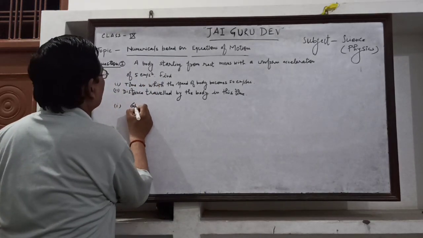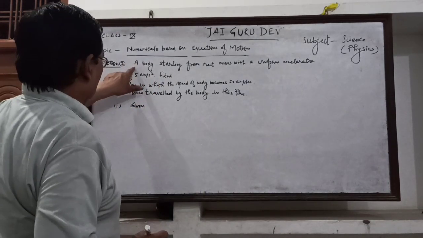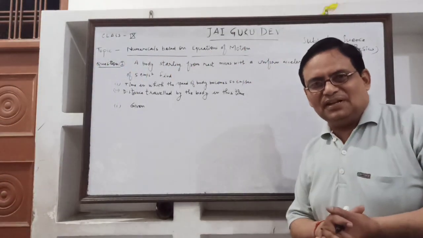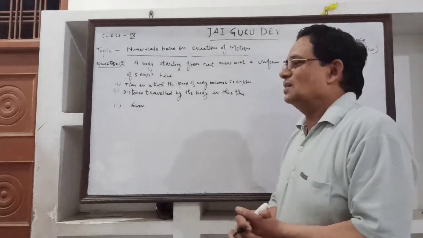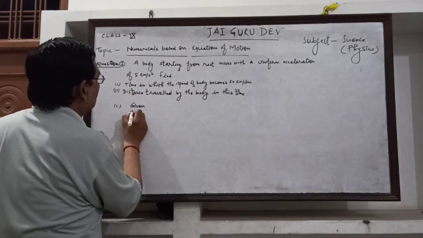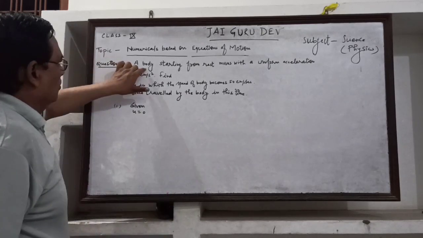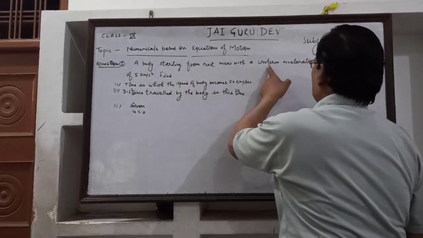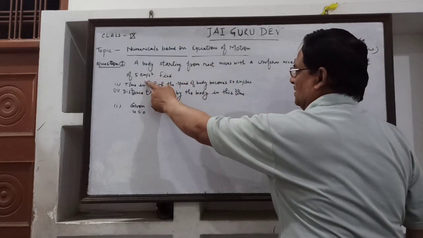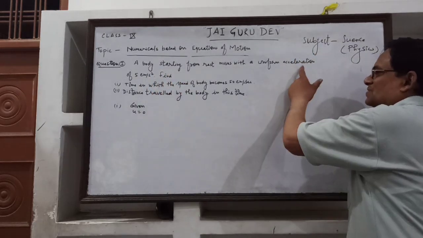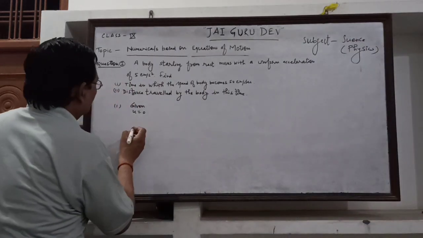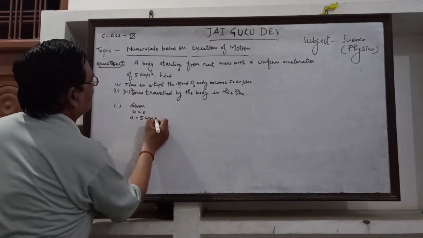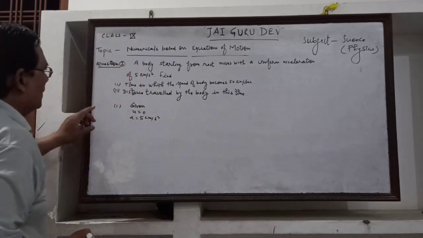Given: a body starting from rest. Once again, body starting from rest means initial velocity u is 0. A body starting from rest moves with a uniform acceleration, that is 5 centimeter per second square. Symbol of acceleration a. So I write a is 5 centimeter per second square.